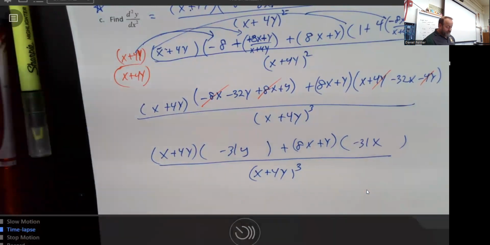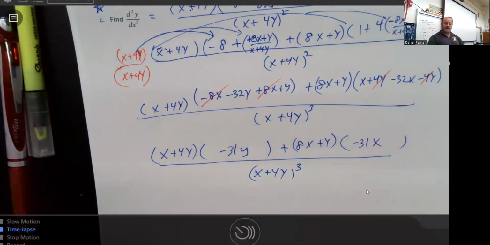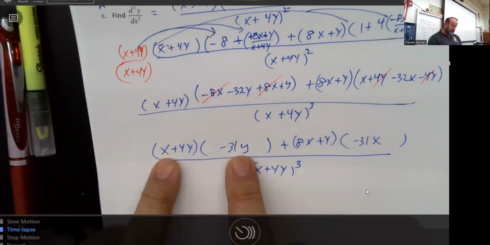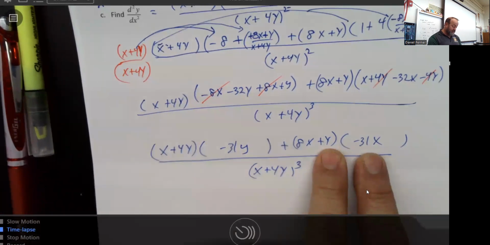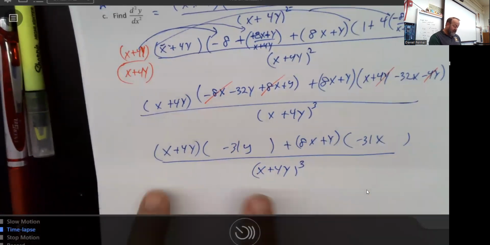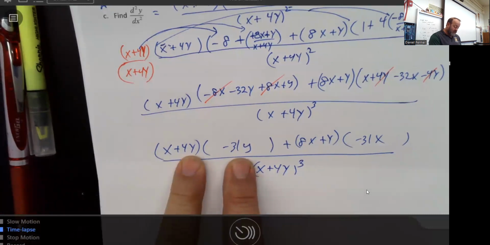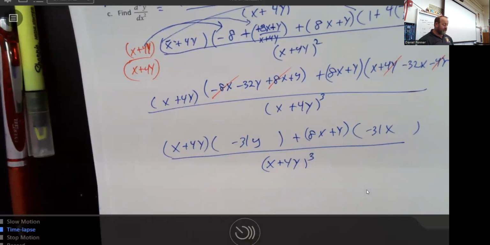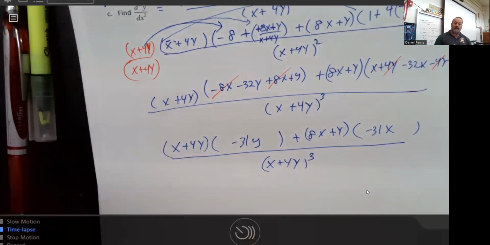31x. Now, I did decide to just leave that alone right there because I got 31xy's and I'm going to have some 31xy's here, but they're both negative, aren't they? So I guess negative 62. But then I also have some y squareds and I have some x squareds. So it's not like all of these terms are going to simplify out really nice and pretty.